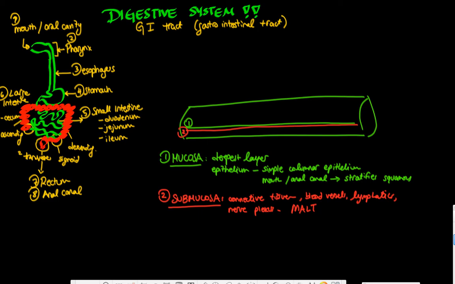Next up, we have a third layer. So the third layer that's even more superficial to the submucosa is what we call the muscularis externa. And the muscularis externa is very important because it is made up of two layers of smooth muscle.